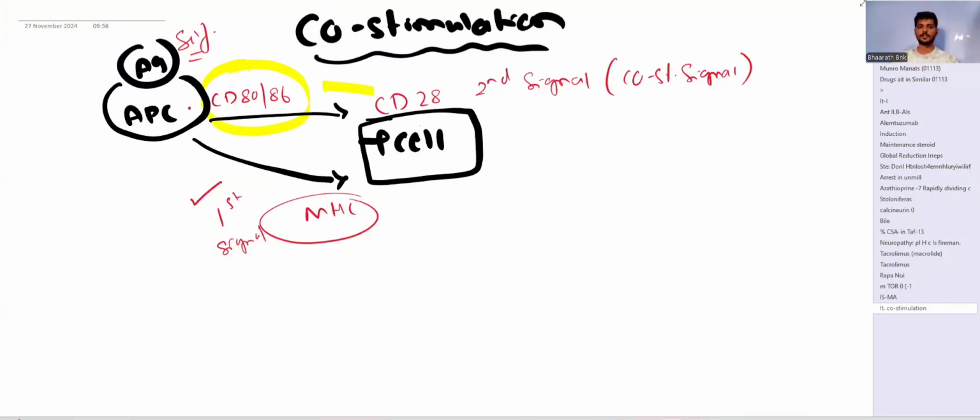and prevents its interaction with the CD28, then we will be successful in making the T cell realize that it is not a foreign antigen, it is a self antigen.